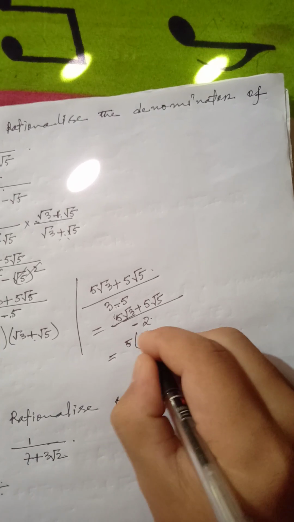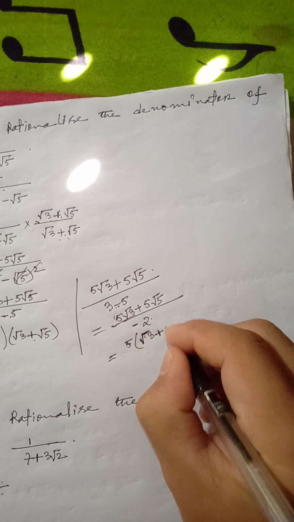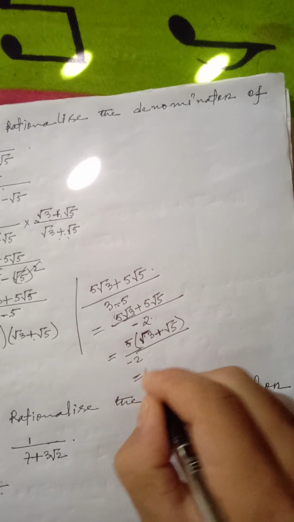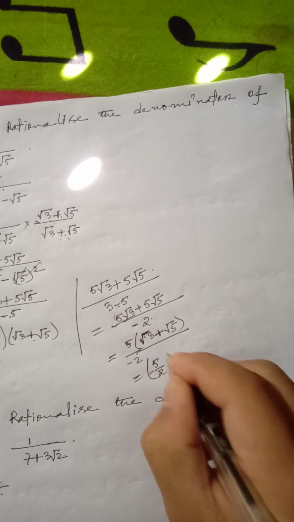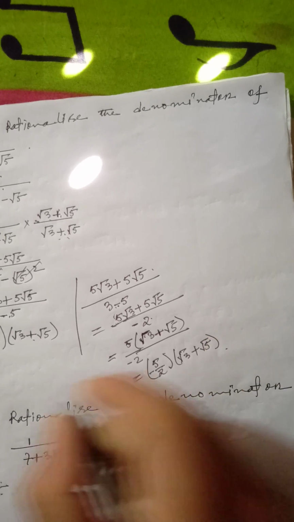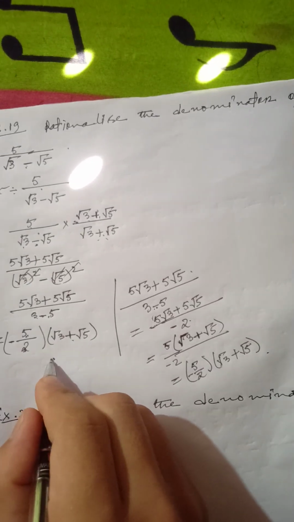Let us take 5 as a common factor. Now we have minus 2. So let us write 5 by minus 2 into root 3 plus root 5. So this is what we wrote here.